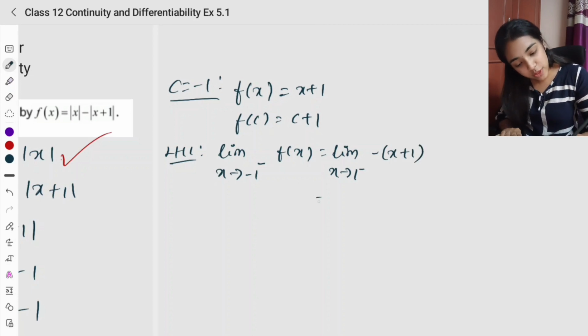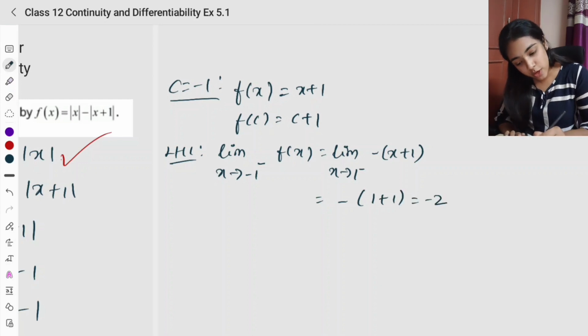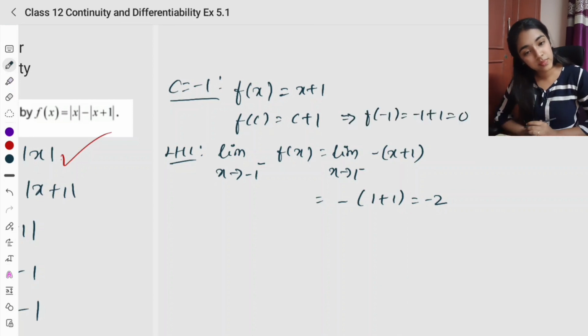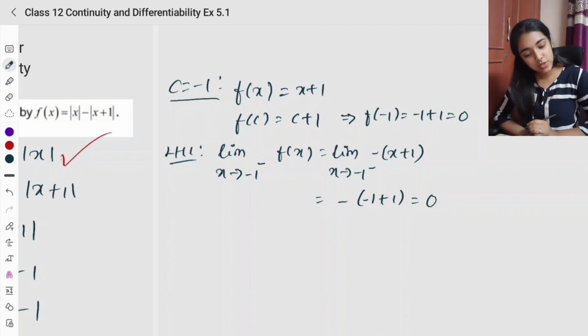When I substitute the value of the limit, minus of minus 1 plus 1, which is going to be 0. So f of minus 1 is minus 1 plus 1, which is 0. So the left hand limit is 0.